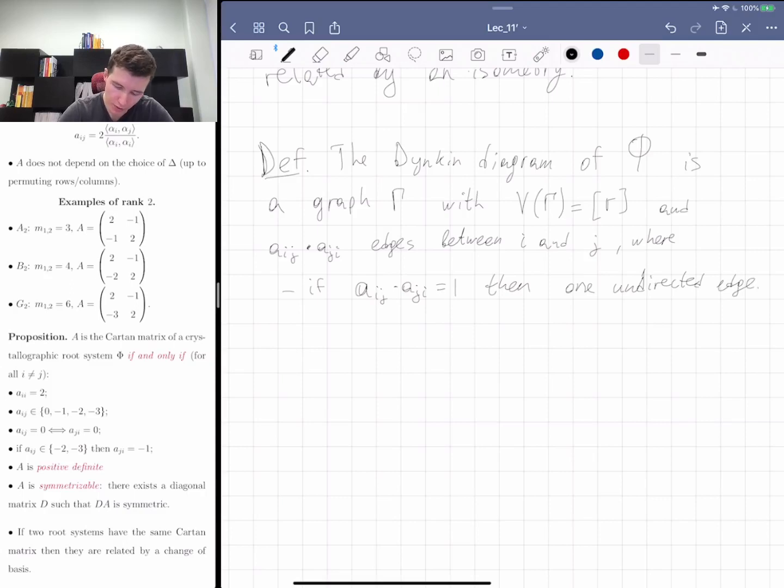If this number is 0, then there are no edges. But if it's bigger than 1, then all this many edges are directed.